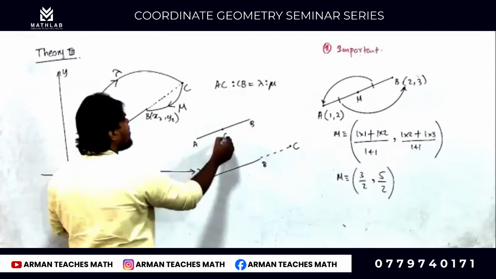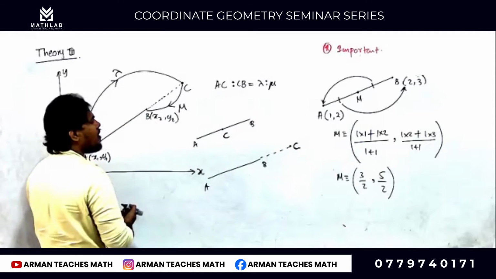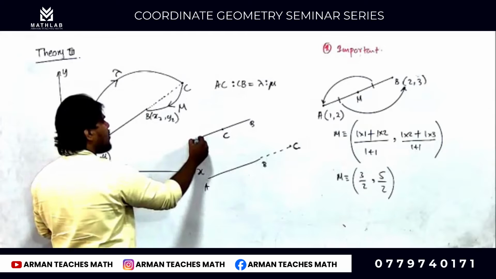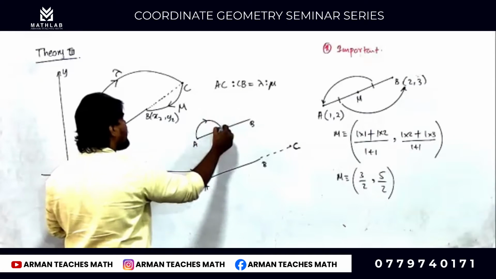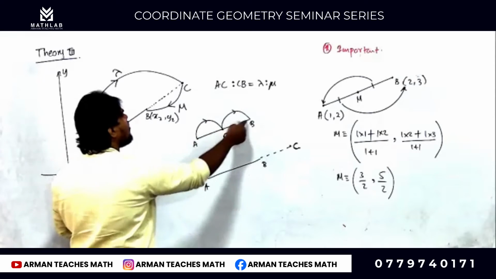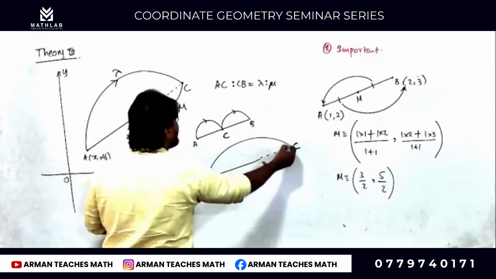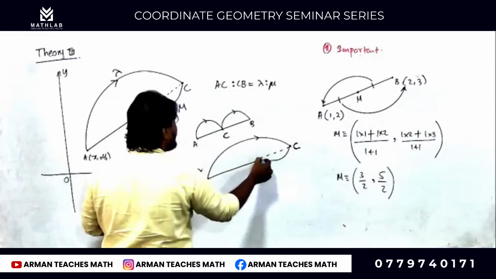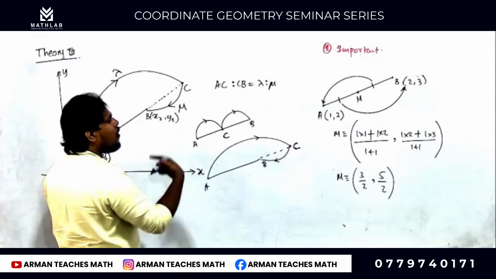This is the special point. From one edge of the straight line to the special point, and from that point to the other edge. AC is to CB. Same thing. From one edge to the special point, and to the other edge. That's how we get it.